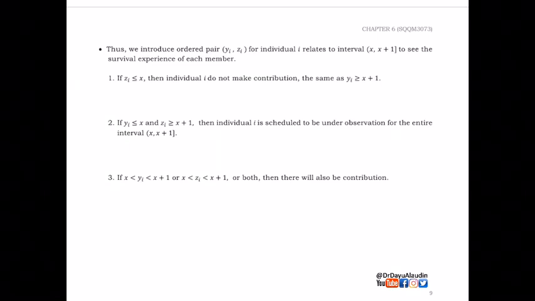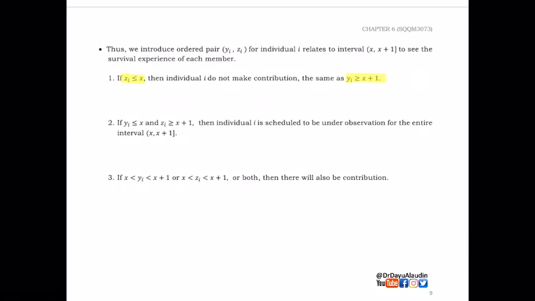So we have 3 cases, 3 situations here. Okay, we will look at them one by one. So the first situation is when ZI, the exit age, is less than X, or YI is greater than X plus 1.